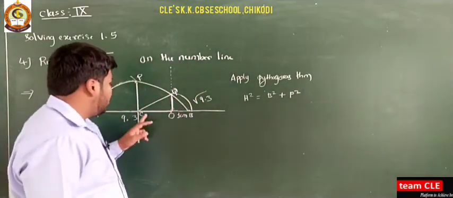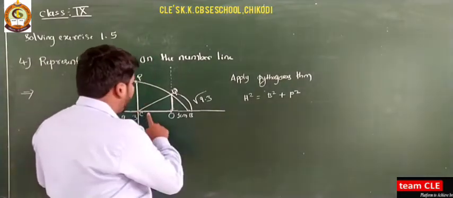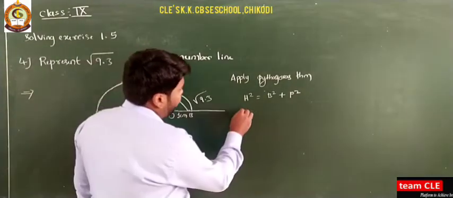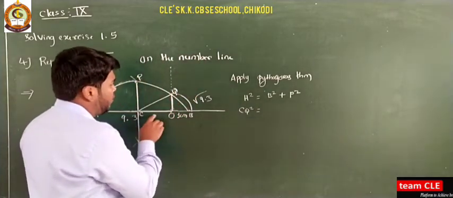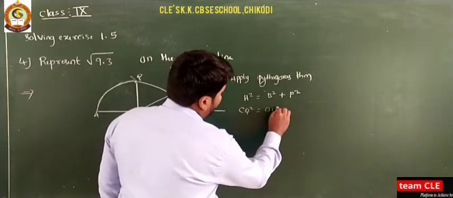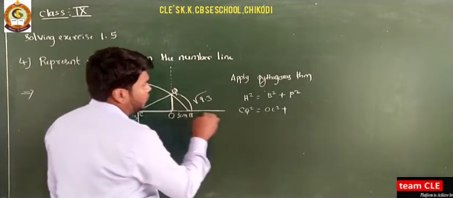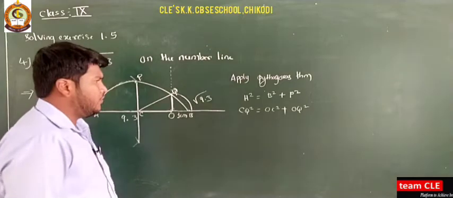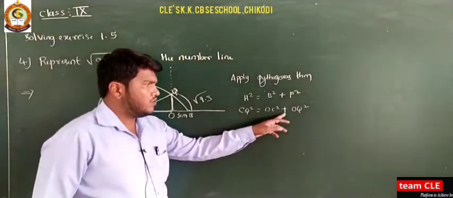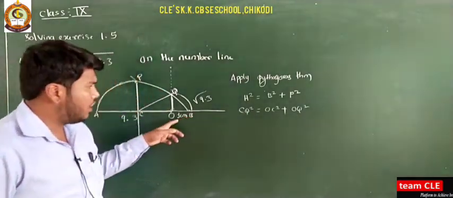Our hypotenuse square is CQ square, which is equal to OC square plus OQ square, according to the equation.